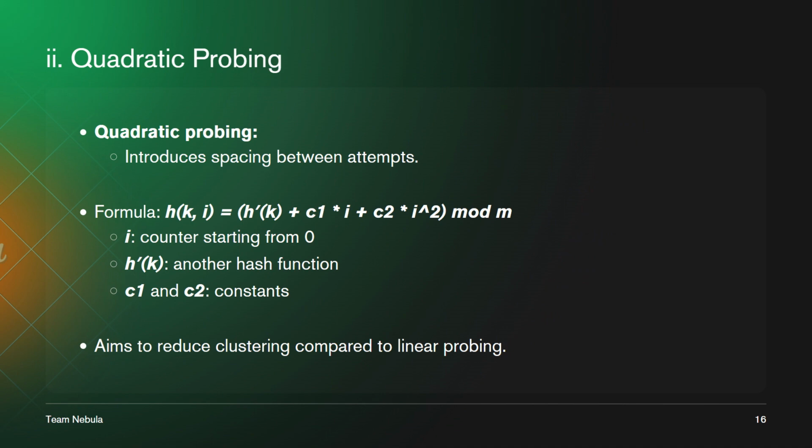Alright, let's explore another strategy called quadratic probing. Imagine we are trying to find a parking spot again, but this time with a different trick up our sleeves. In quadratic probing, we still want to park our car or item in a certain spot in the parking lot, which is our hash table, just like before. But instead of moving to the next spot right away, we are going to space things out a bit.